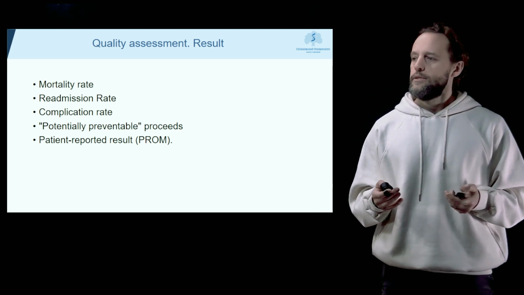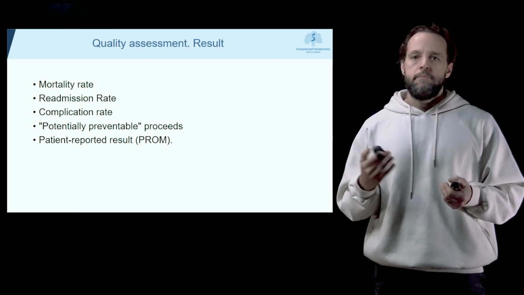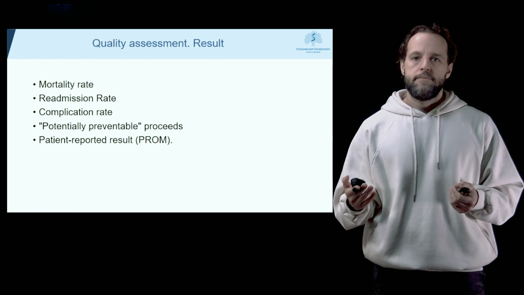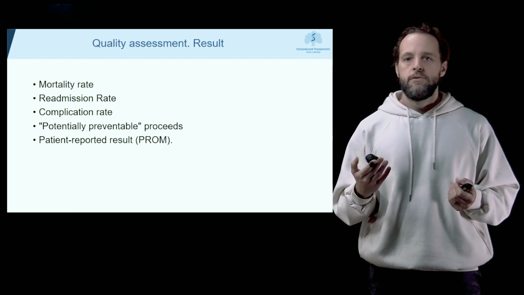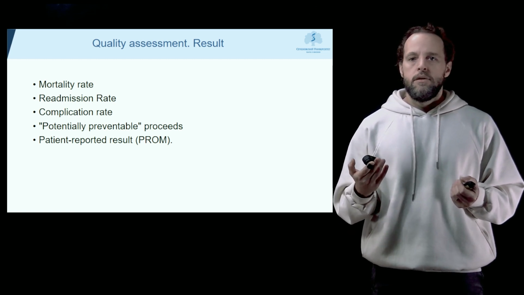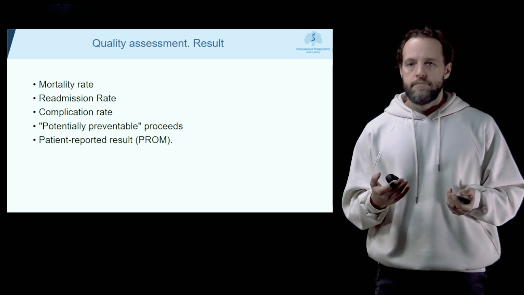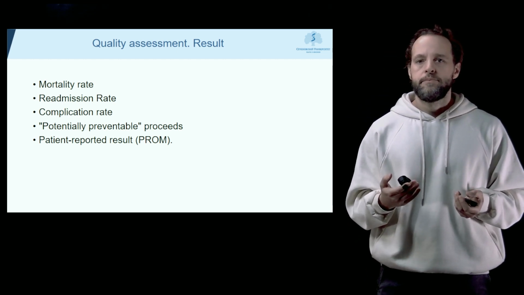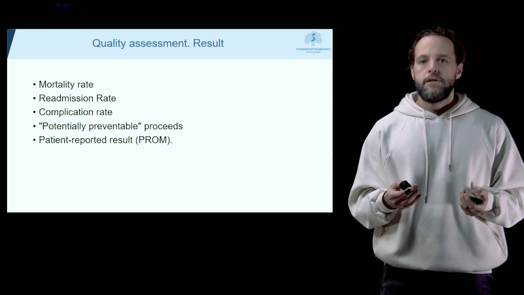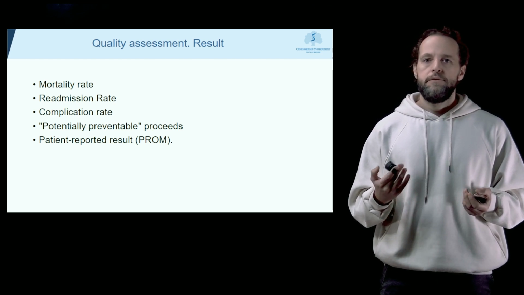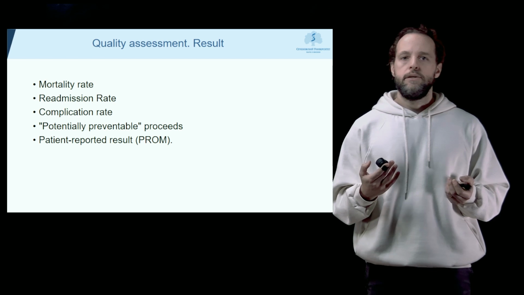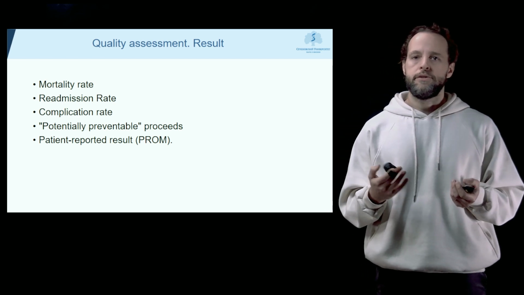And another way will be patient-reported results. They will be referred to as PROM, or in different literature there will be different abbreviations. These outcome measures have many positive features, but can also face challenges.